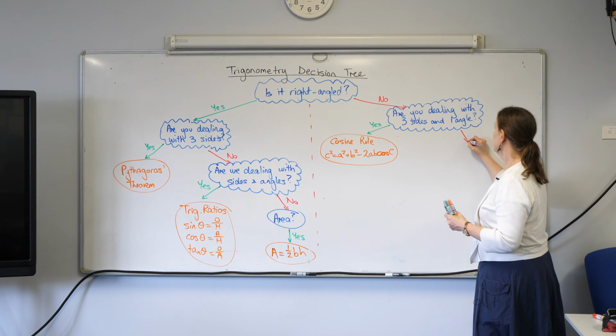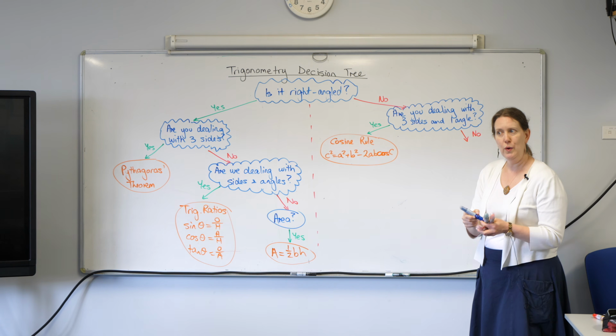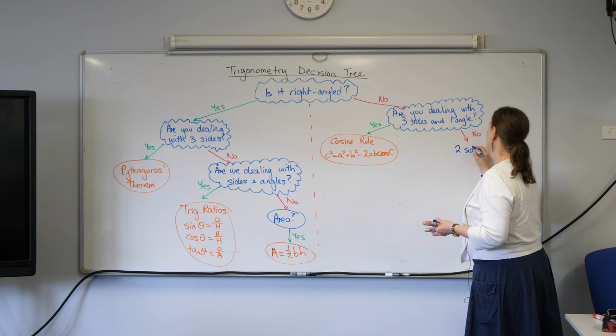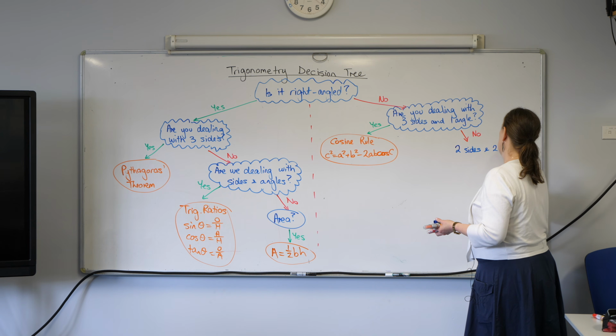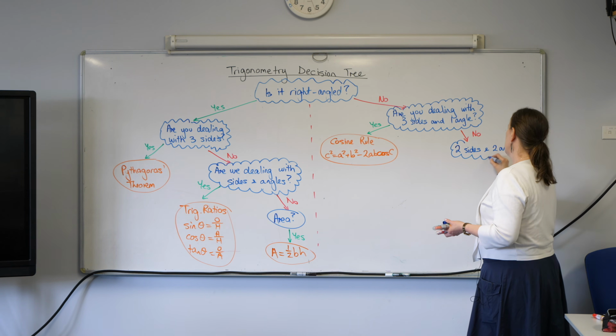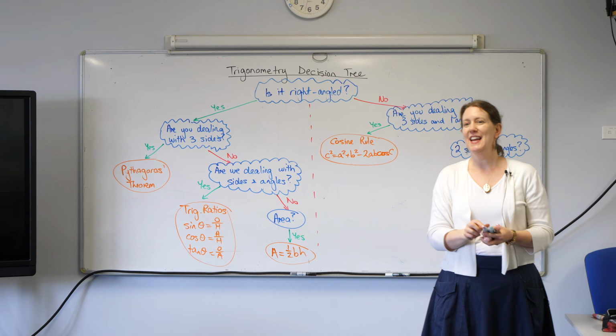All right. Of course, if it's a yes, then we have a no. If it's a no, I say to myself, well, is it 2 sides and 2 angles? Yes, that's the answer.